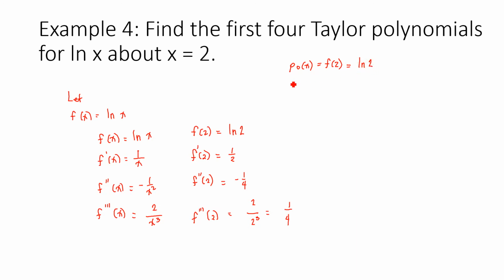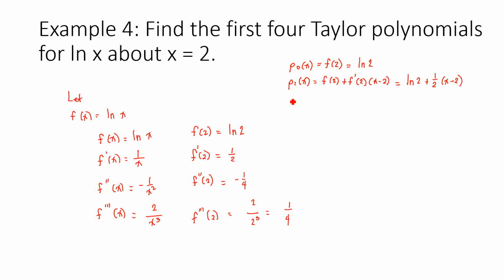Our p sub 1 of x would be equal to f of 2 plus the first derivative at 2 times x minus 2, which is equal to the natural logarithm of 2 plus 1/2 of x minus 2.